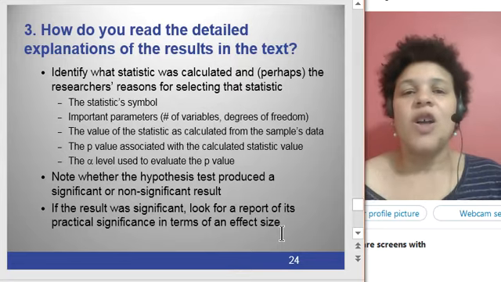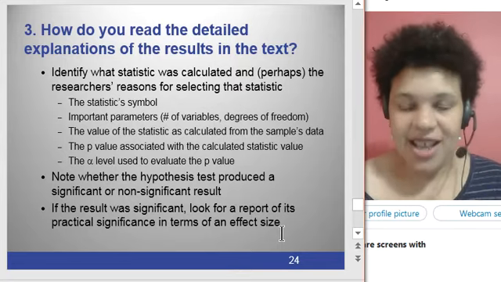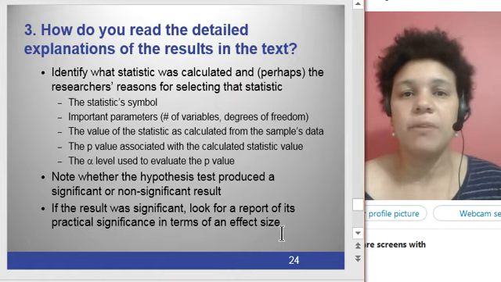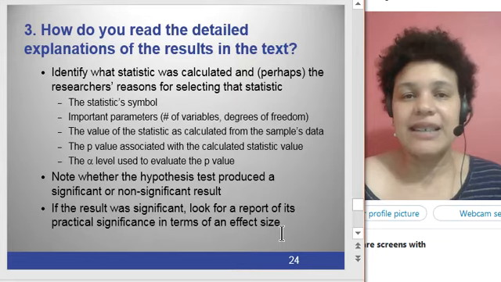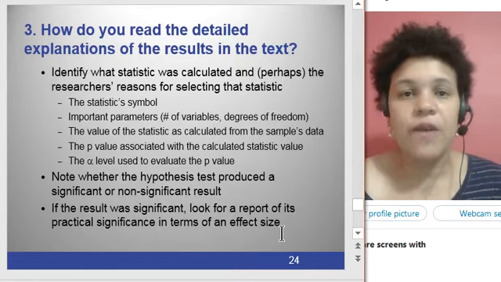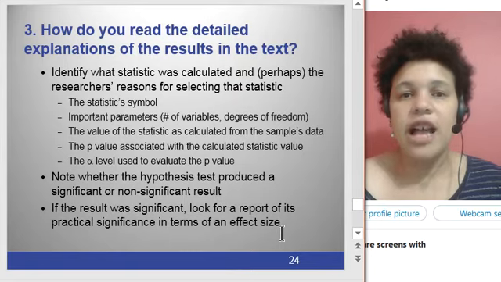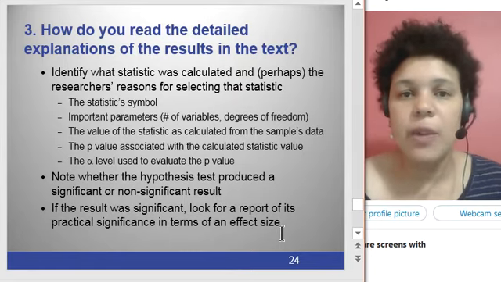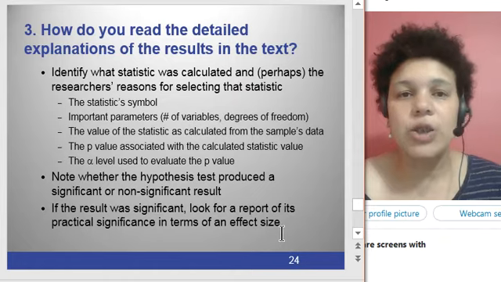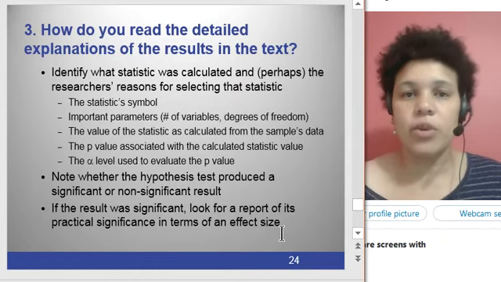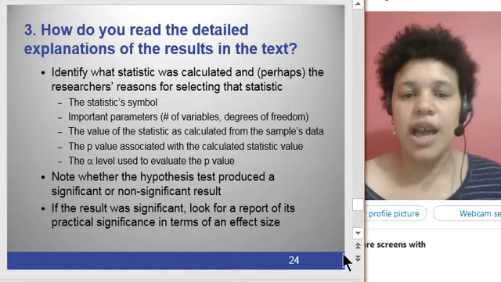So we have this idea of the bell curve. Depending on where the statistic came out on the bell curve, that's going to help us know whether we would expect the difference in our sample that we found to relate to the difference in some population that we're really interested in. Okay?